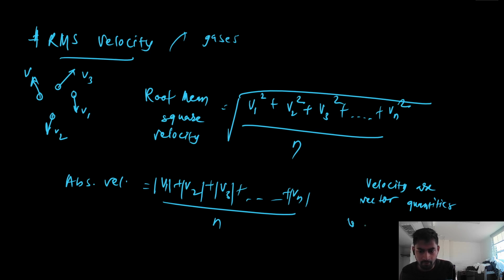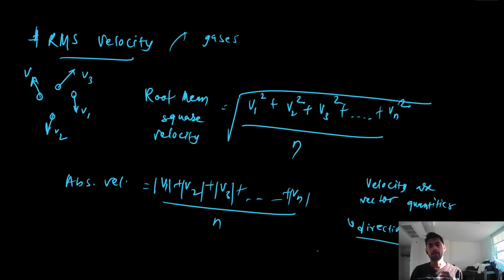it has both direction and magnitude, right? It has both direction and magnitude, and the main purpose of having root mean squared velocity is to counter the direction part.